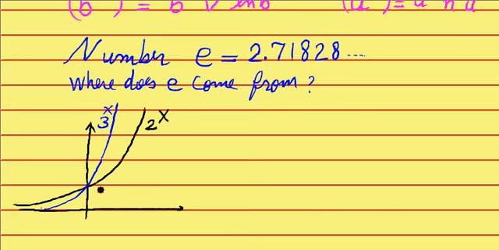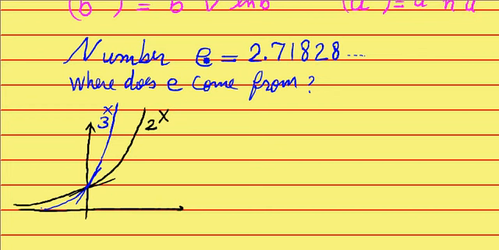This one, 2 to the power of x, has some slope here, which we just said is actually the logarithm of 2. 3 to the power of x has some slope here. As you change this base, that slope changes.